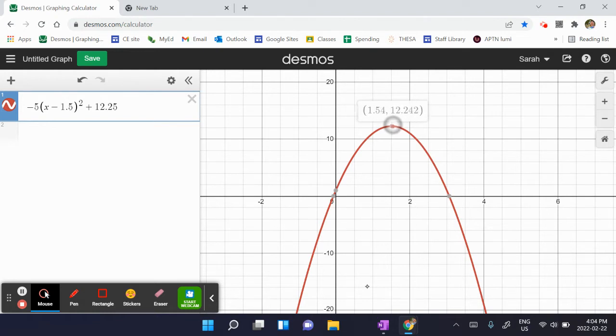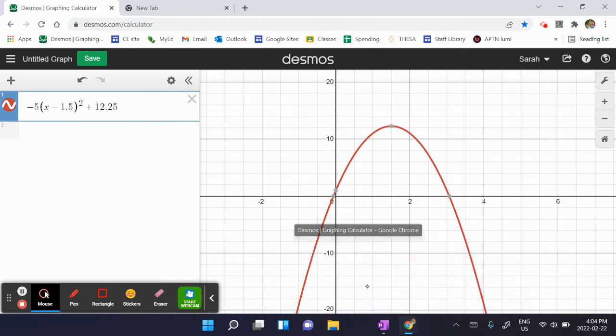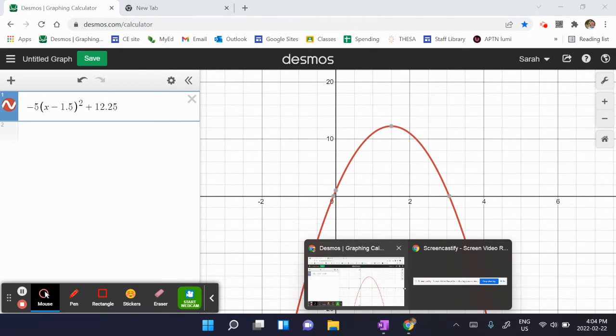I think it's 12.25 at 1.5 seconds. You should do your max for that and find out what it is exactly.